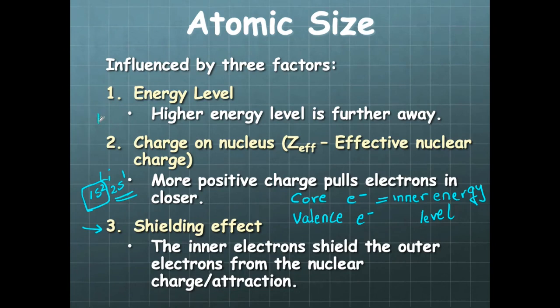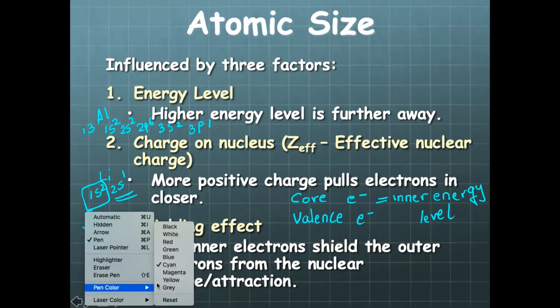So now let's look at another example. We can look at aluminum, which has 13 electrons. The electron configuration for aluminum would be 1s2, 2s2, 2p6, 3s2, 3p1.